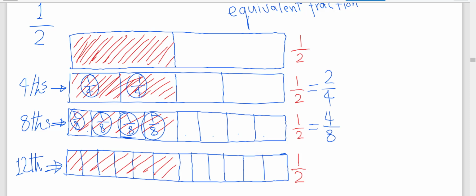Now, how many parts do we have? 1, 2, 3, 4, 5, 6, 7, 8, 9, 10, 11, 12. So, each part is called a twelfth. Now, how many parts make half? 1, 2, 3, 4, 5, 6.